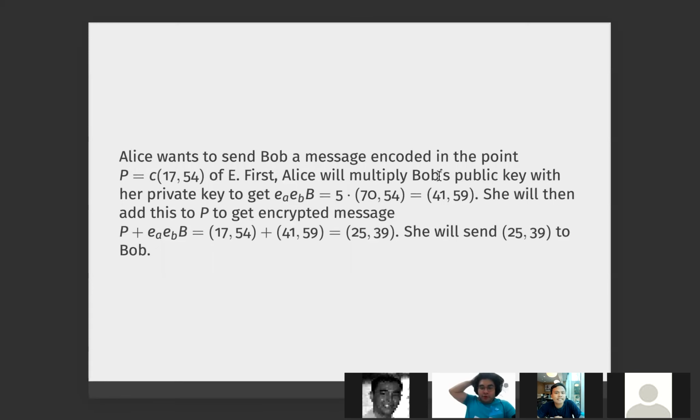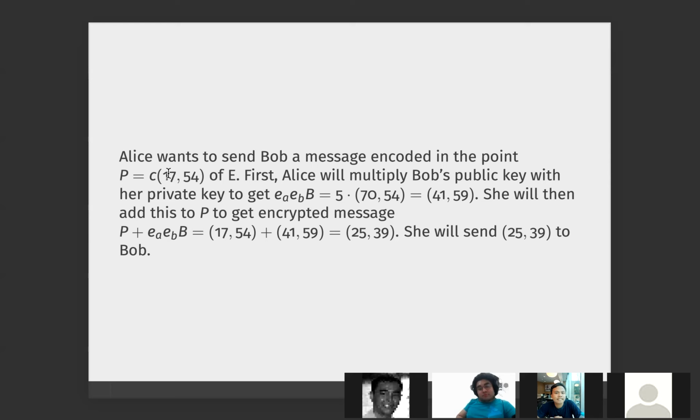Now Alice wants to send Bob a message encoded in the point P. P here is the message that we want to send to Bob. So you might be wondering, where's the message? Why is it at 1754?